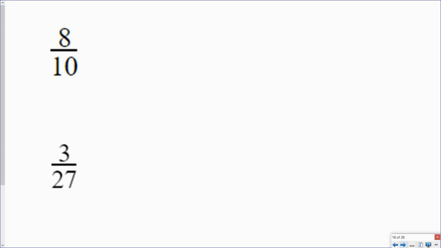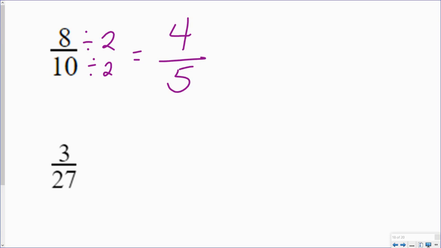So let's practice this with some of these fractions. Here I have 8/10. Well, I know that 8 and 10 are both even numbers, so I can divide by 2, divide by 2, and that gives me 4/5.